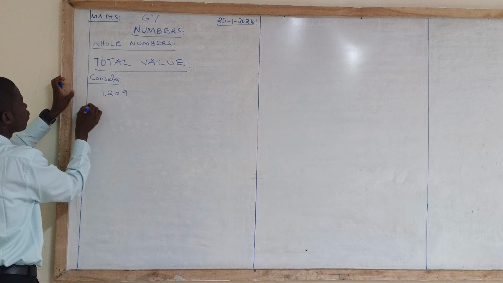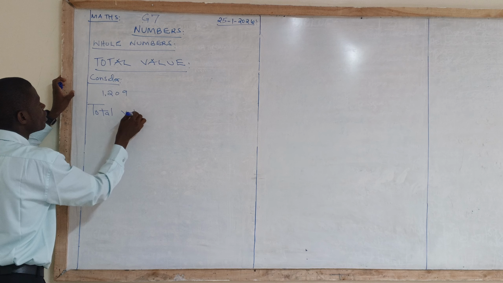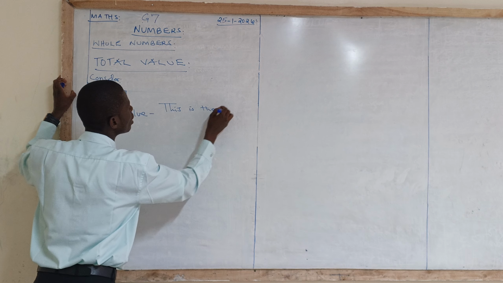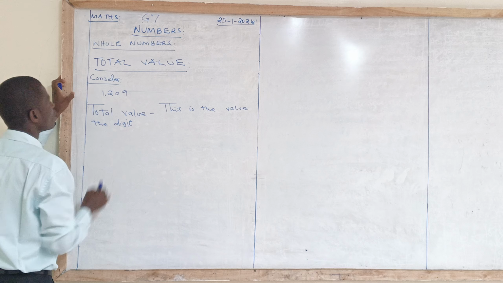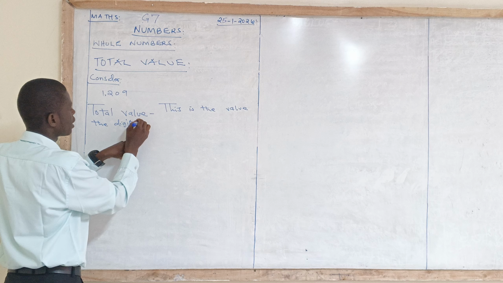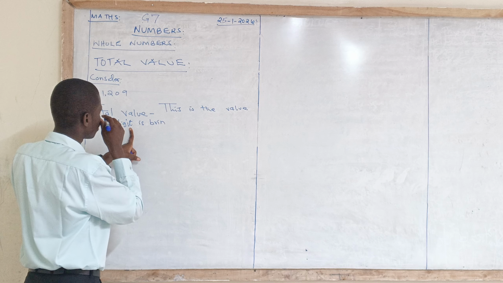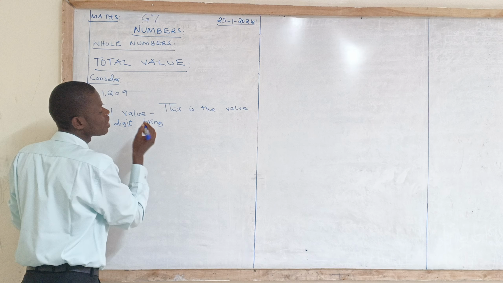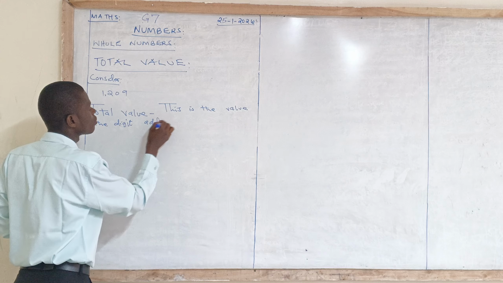So let us say that total value is the value the digit brings to the number, or the digit adds.